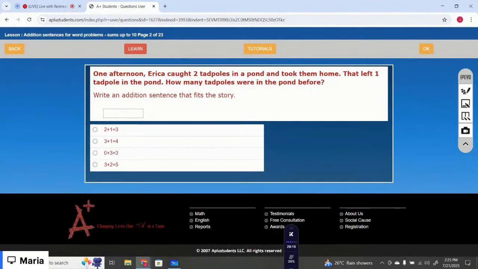One afternoon, Erica caught 2 tadpoles in a pond and took them home. That left 1 tadpole in the pond. How many tadpoles were in the pond before? So, which is the correct option?